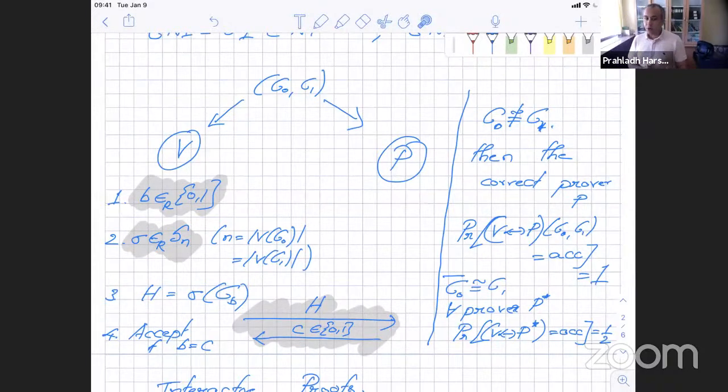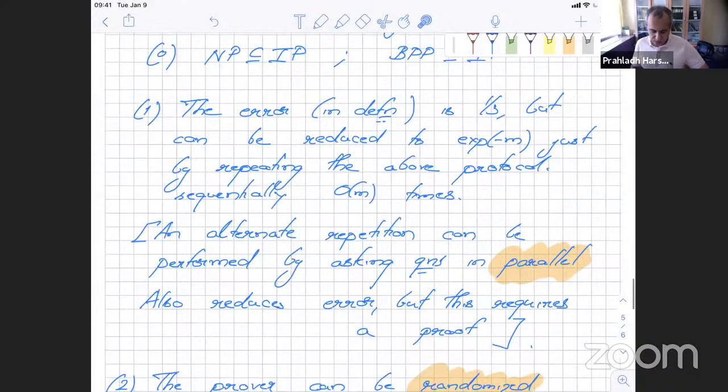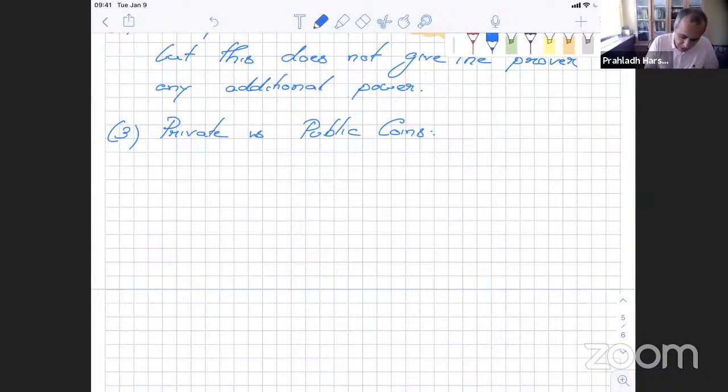Notice that in this protocol, it was important that the coins of the verifier are private. Because if the verifier reveals the randomness, there's a problem. The prover has to give C equal to B. If he knew B upfront, he's going to give you the same C. I'm not defining this formally.